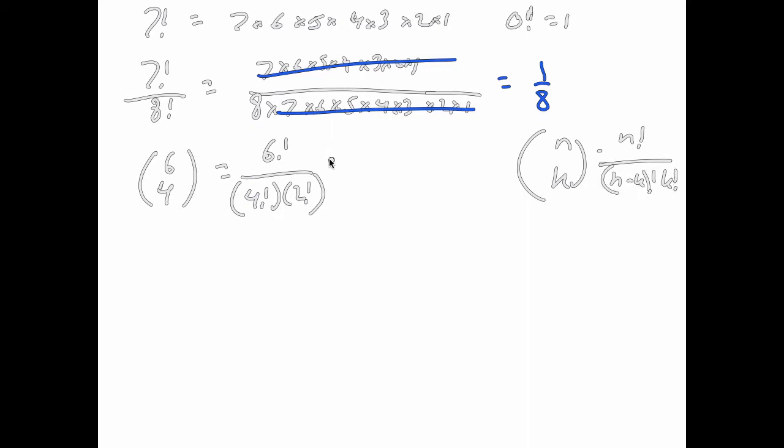So this thing is going to be 6 times 5 times 4 times 3 times 2 times 1 divided by 4 times 3 times 2 times 1 times 2 times 1. We cancel out this with that, leaving 30 over 2, so it equals 15.